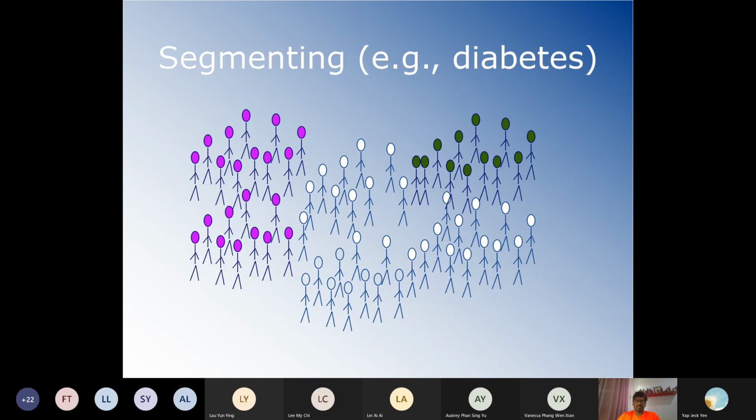And you look at here how the segmentation of, wait a minute, why is the slide not moving for me?